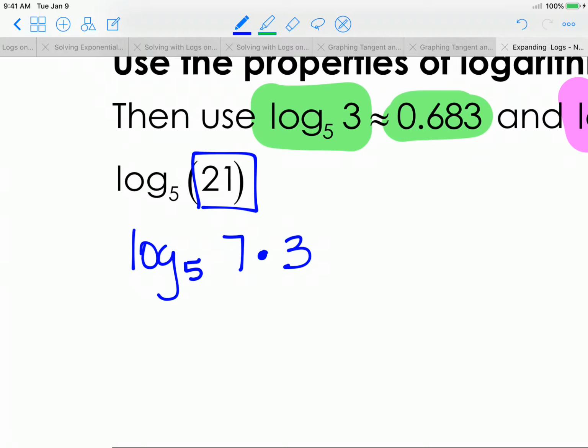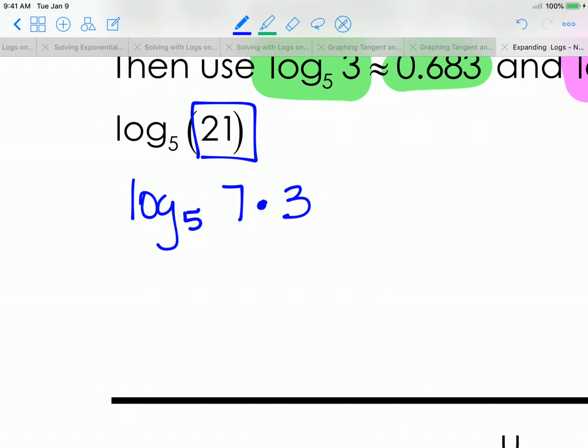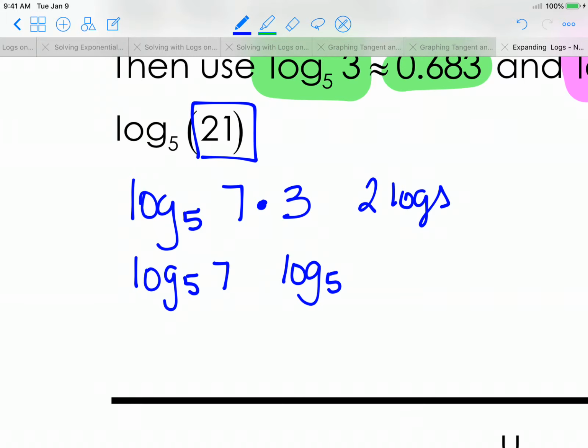So now guess what I have? I have multiplying, and I can expand this to give 2 logs. I can give a log base 5 of 7, and a log base 5 of 3, and then I'm going to add them together because this is a multiplication problem.